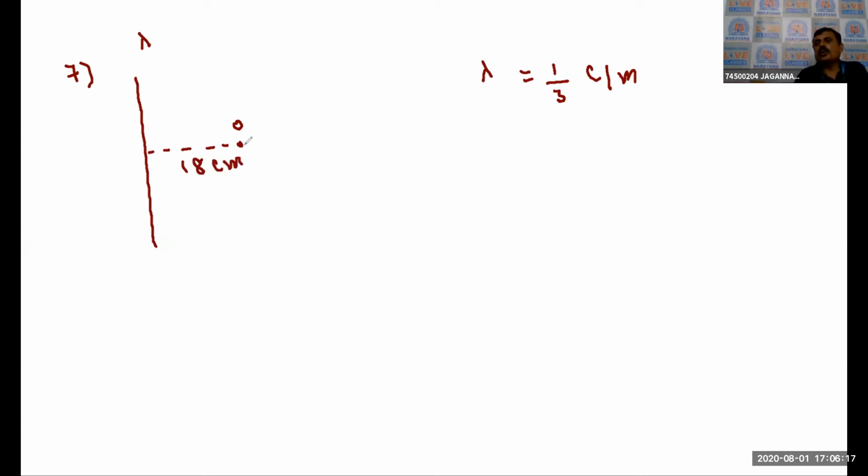At this point, how much electric field is present? The electric field due to an infinitely charged wire is E equals lambda by 2 pi epsilon naught into R. This is the formula I am using now.